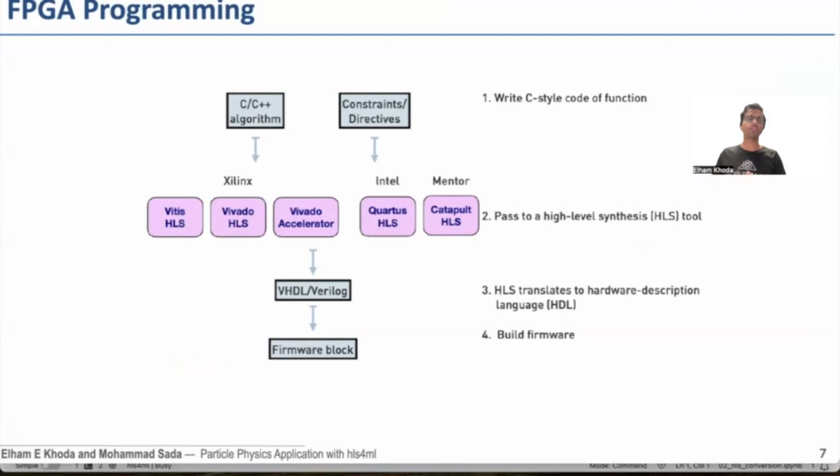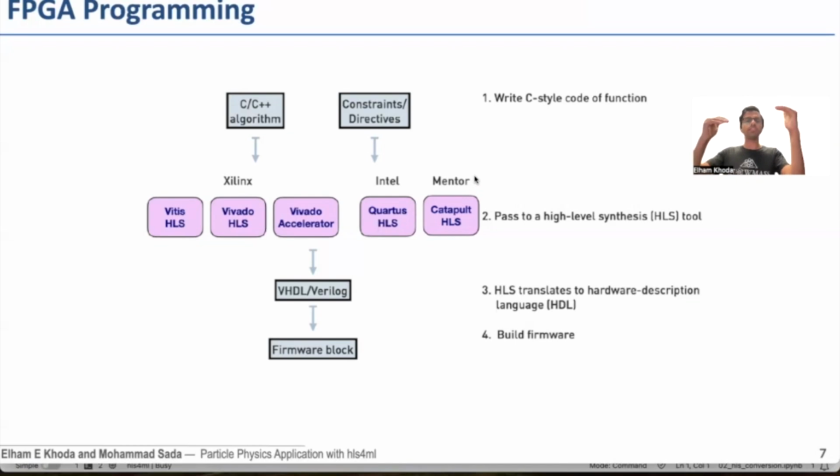Okay, so with that, let's quickly see again how FPGA programming works. Mohammed highlighted that and showed you some examples just before this. But just to put this picture clear in your head, we start with the C++ algorithm. The code is written in C++ with some constraints and directives coming from the specific compiler, depending on which tool you're using. If you're using some of the Xilinx FPGAs, you'll have Vitis and Vivado, so you'll have directives according to that. You have other options like from Intel or Mentor.